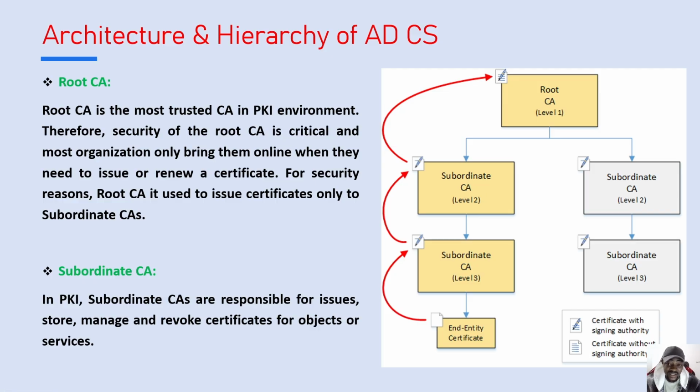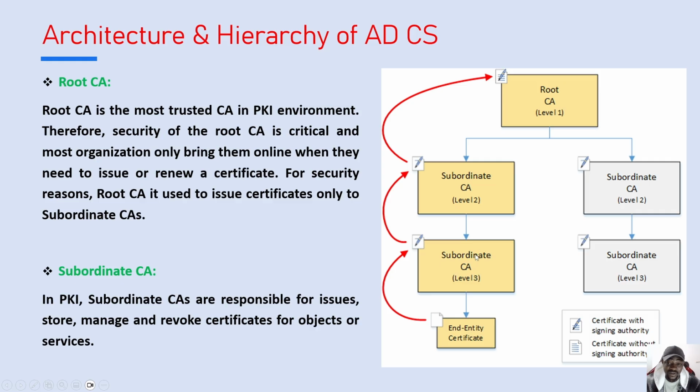Pay attention that the certificate authority will be issuing certificates to endpoints or to objects and services. But before issuing those certificates, the subordinate also needs to have its own CA certificate. So that CA certificate will be provided to that subordinate by the other CA above it.